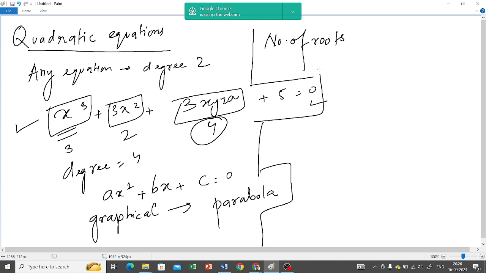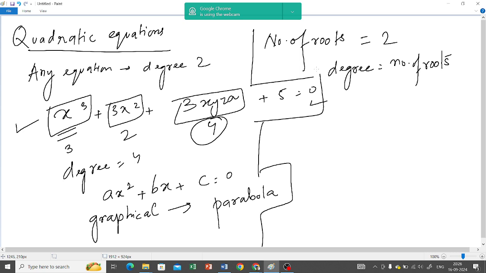So number of roots or number of solutions of a quadratic equation is 2. Remember this one. Why 2? Because it's a general rule that degree is equal to number of roots. So that is why the number of roots of a quadratic equation is 2.